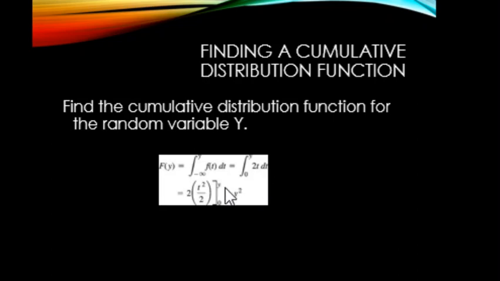The integral of 2t is t squared over 2 times 2, which is just y squared, with limits 0 and y. So our CDF is y squared. Once we have the CDF, if we need the probability up to a certain point, say y less than or equal to 0.2, you just plug in 0.2 for y, and we have the answer.